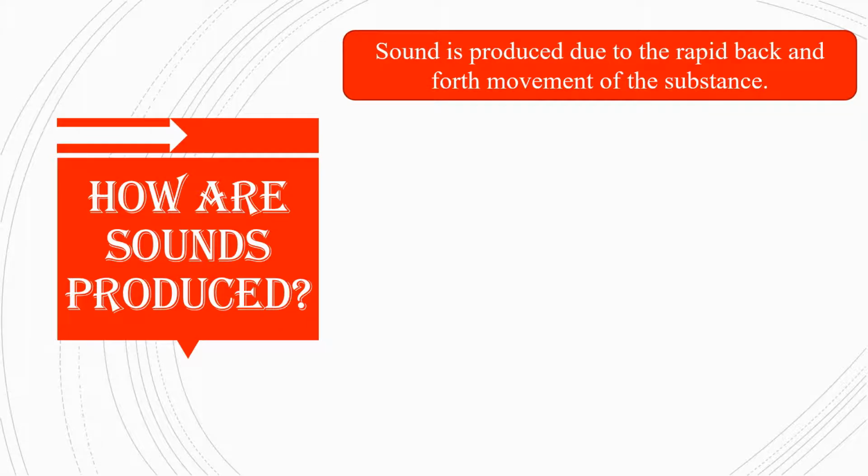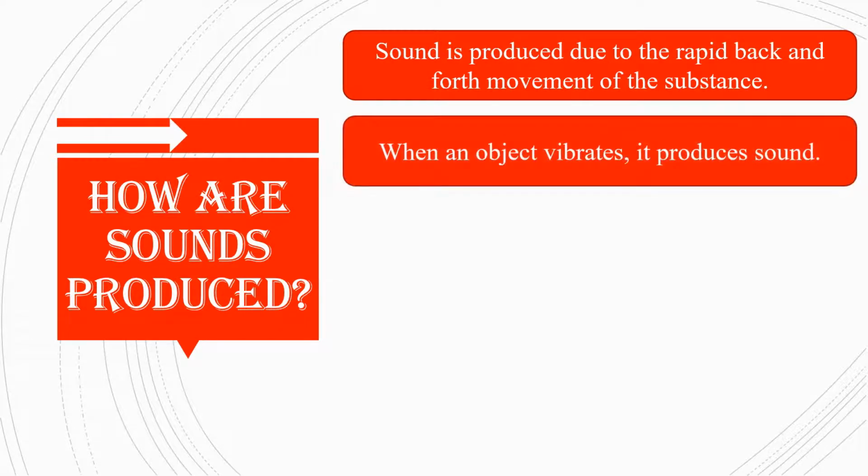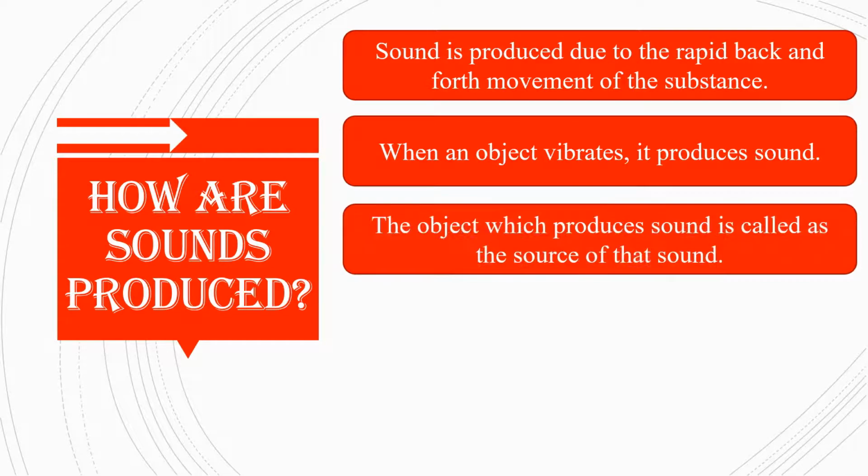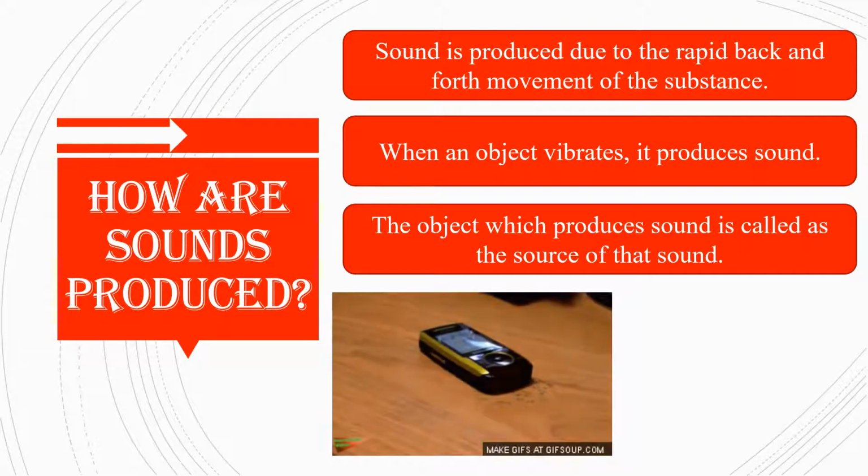When an object vibrates, it produces sound, and as soon as the vibrations stop, the sound also stops. The object which produces sound is called the source of that sound. For example, vibration of a mobile phone and beating of a drum.